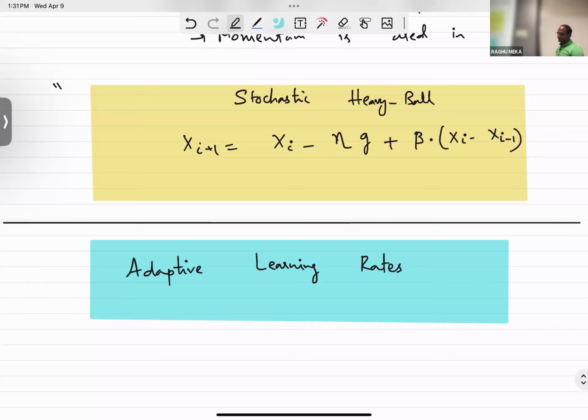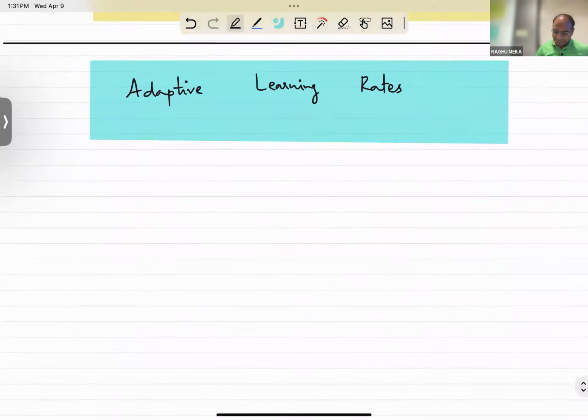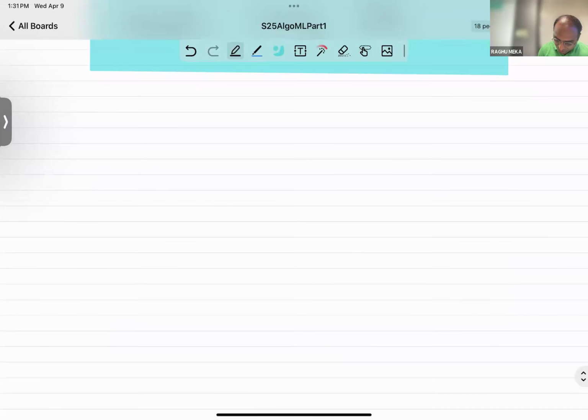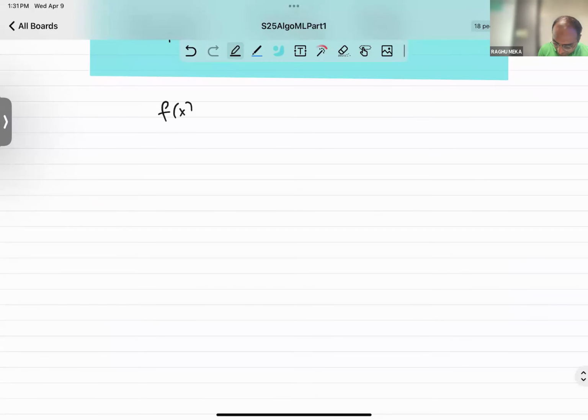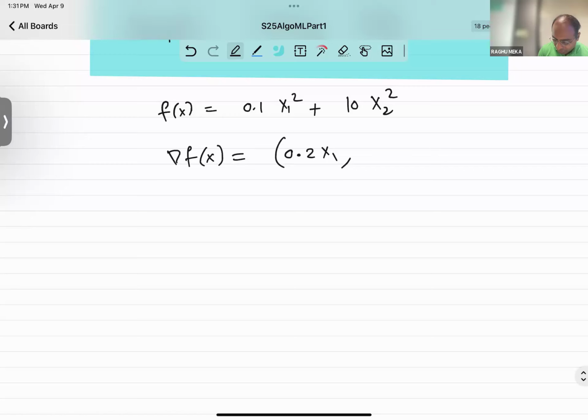And the idea here is, again, let's take the toy function that we looked at in the last lecture, which was something like 0.1 times x1 squared plus, let's say I make it even worse and put 10 times x2 squared. Right? So now the gradient of this is 0.2 times x1, comma 20 times x2.